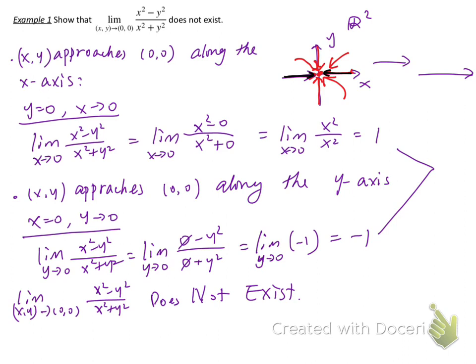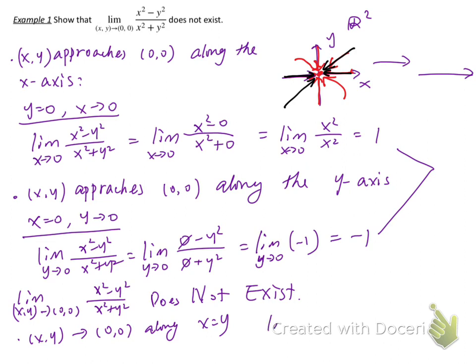I can choose other paths. Say I want to go to (0, 0) along x equals y. That means I'm getting there this way. Again, I don't want to do the positive side or the negative side because it will be the same. So your point gets close to the origin from the diagonal way.